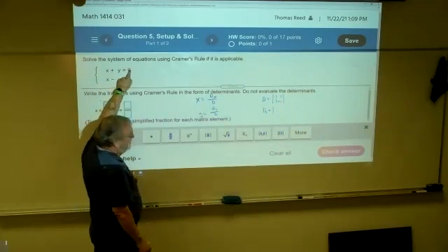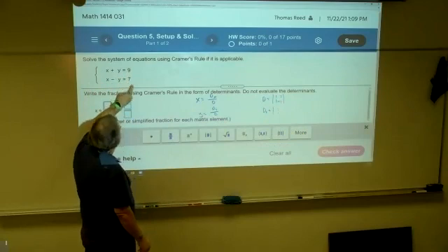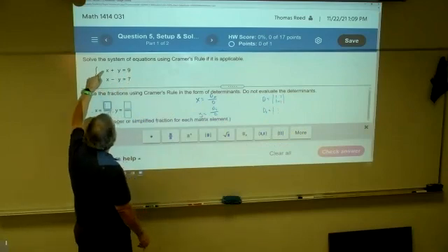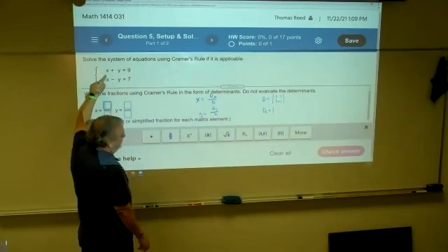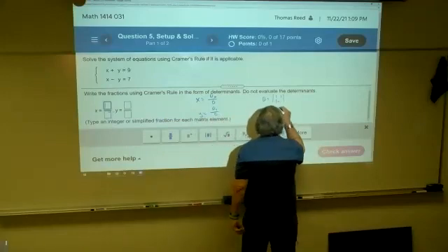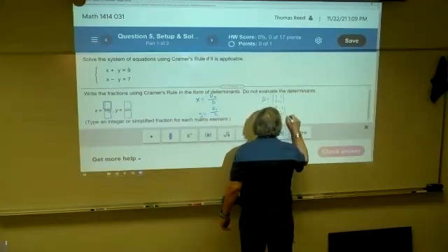The constants are the 9 and the 7. To solve for x, d sub x replaces the x coefficients with the constants. So that's going to be 9, 7, 1, and -1.